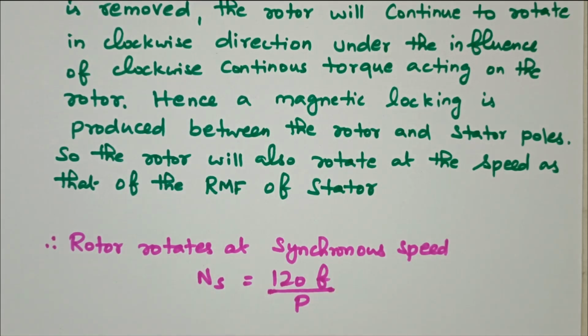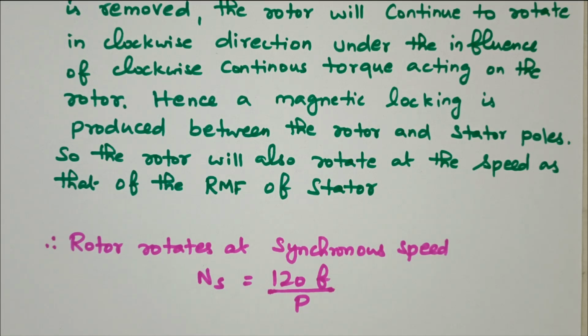So in this video we discussed the principle of operation of a synchronous motor. We know that the stationary part is the stator and the rotating part is the rotor. The important condition is that both have the same number of poles. Here we consider 2 poles.